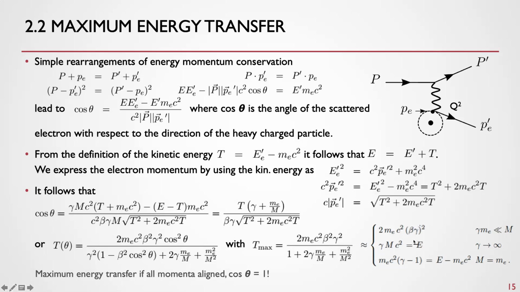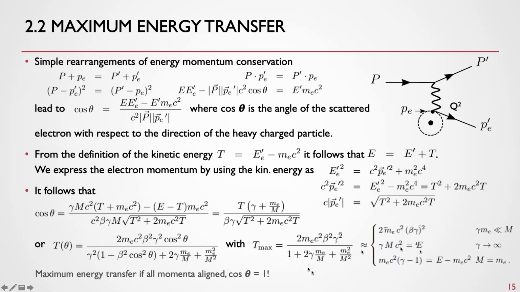Now, you can also look into the limit of an ultra-relativistic heavy particle. In this case, gamma goes to infinity. It's only the middle term here that is important, and one of the gamma factors cancels, and the maximum energy transfer is then just gamma times m times c squared.